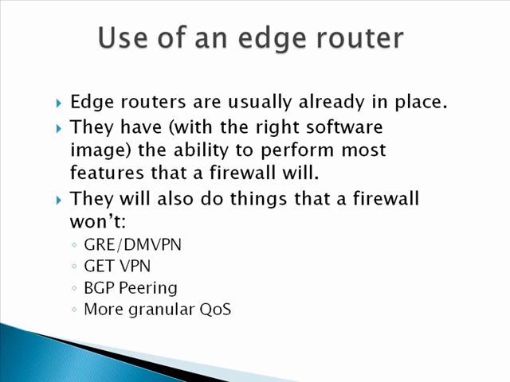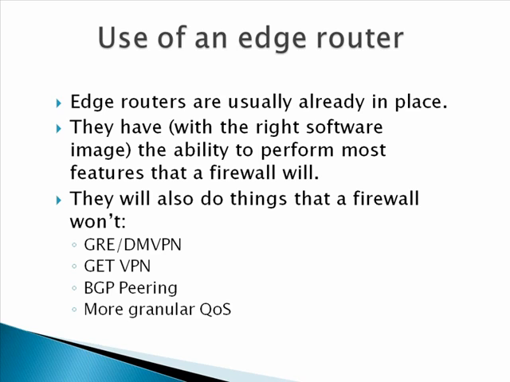The other thing, and this is something that's always irked me about purpose-built firewalls, or at least the Cisco firewalls, is they won't do some of the flagship VPN and other features that routers will, like GRE, which you need for DMVPN. Can't do GET VPN on an ASA firewall.